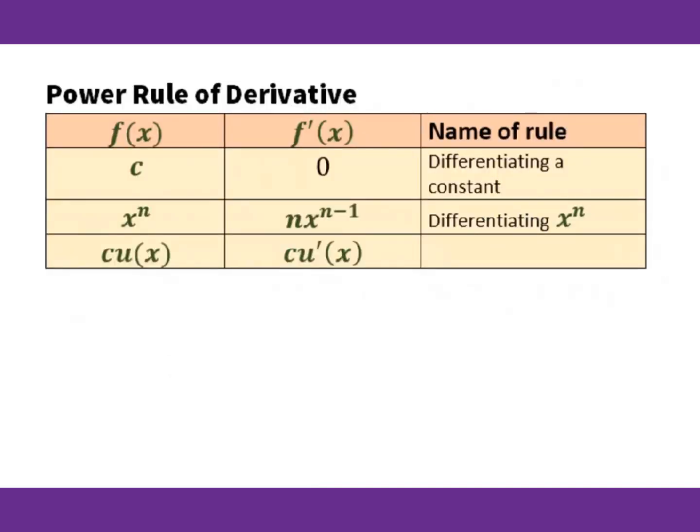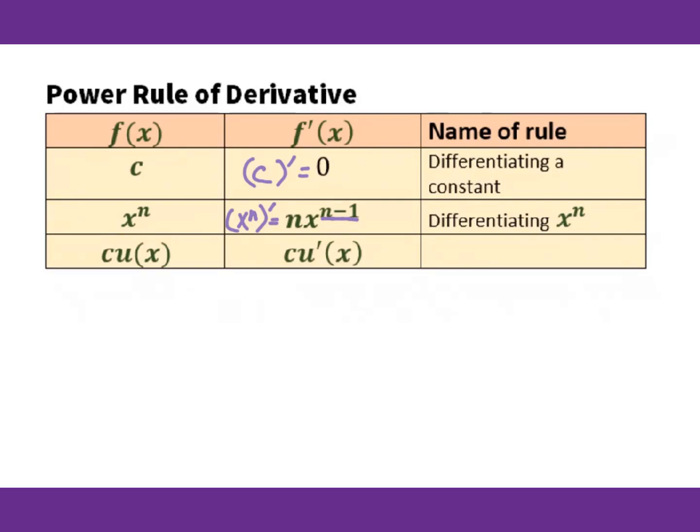Then from the investigation of derivative, we also figured out the power rule of derivative. The derivative of a constant number equals 0. The derivative of x to the nth power equals n times x to the n minus 1 power.